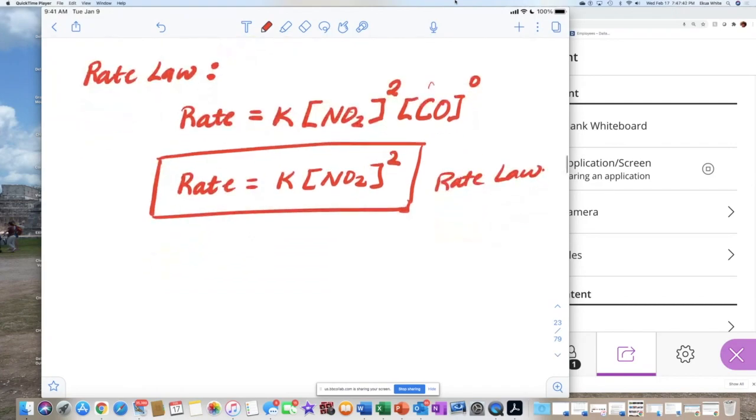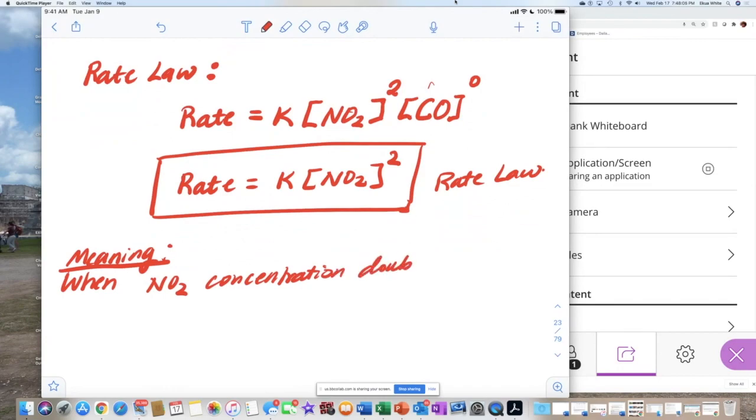Okay, what does this mean? You need to know the implications of this. This means that when NO2 concentration doubles, the reaction rate quadruples.